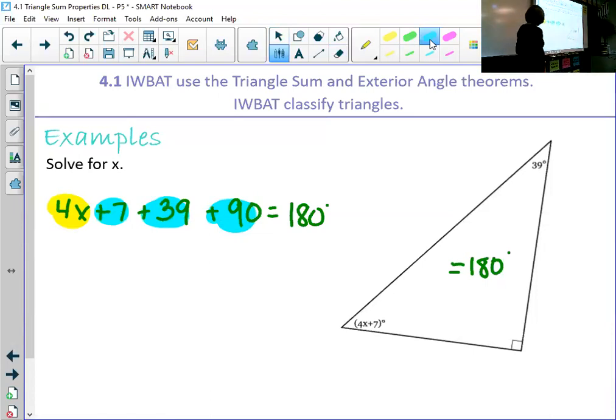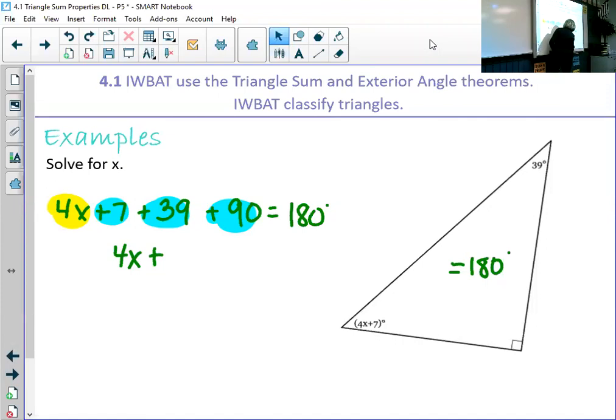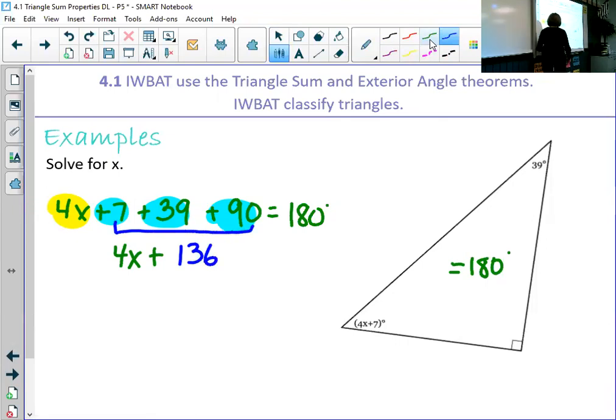So let's add 7 plus 39 plus 90, which gives me what? 136? No, 146. So this would be, oh no, 40 plus 90 is 130 plus 6. Did I do that right? It's Monday, you guys. Did I get that right? Is that what you got?